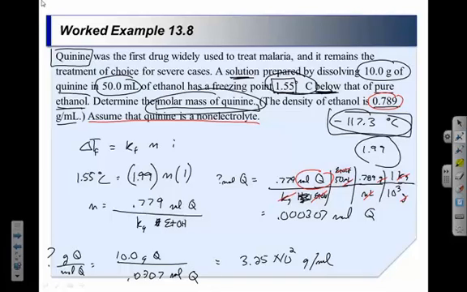Questions about that one? So we're just using this formula here, and then the rest is just the same type of relationships and conversions that we've already been doing.